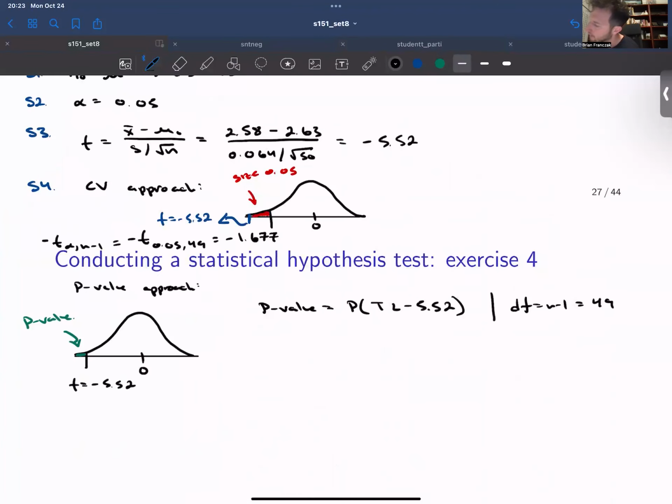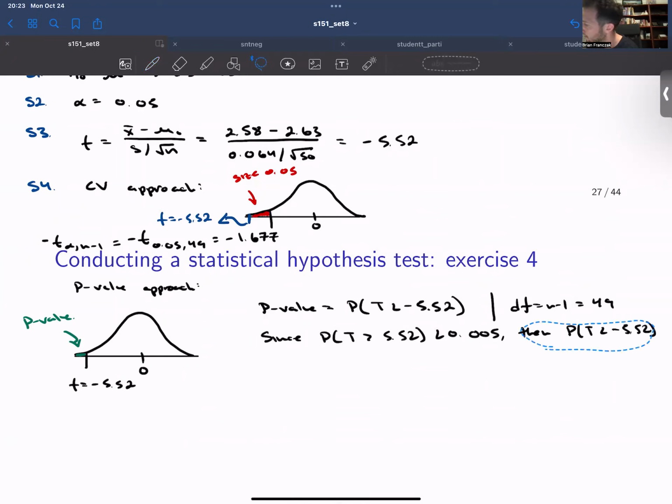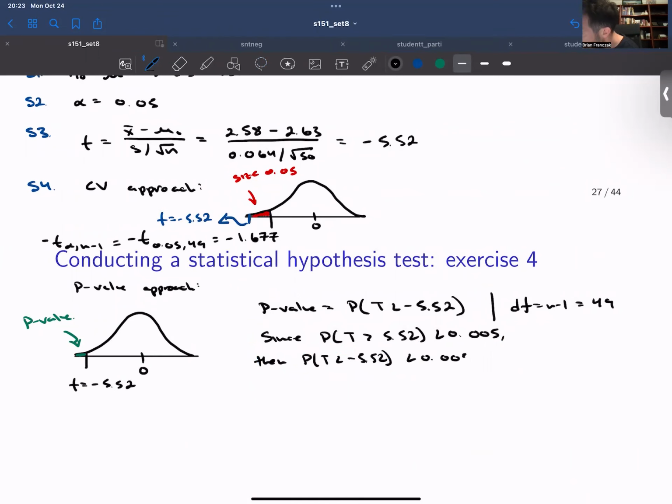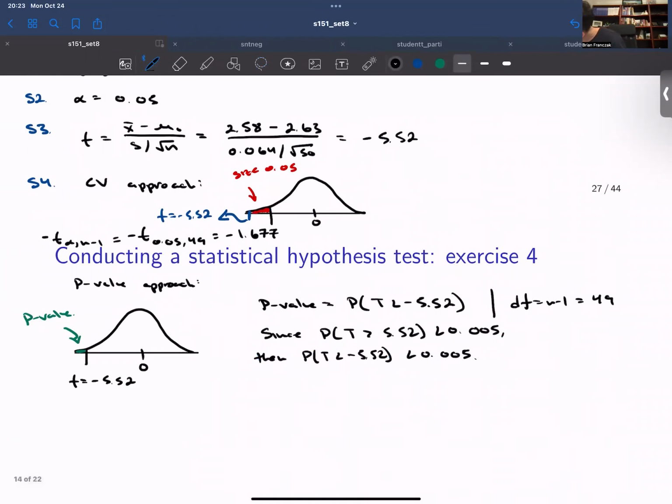So since the probability t is bigger than 5.52 is less than 0.005, the probability that t is less than negative 5.52 is less than 0.005. Therefore, the p-value is less than 0.005.